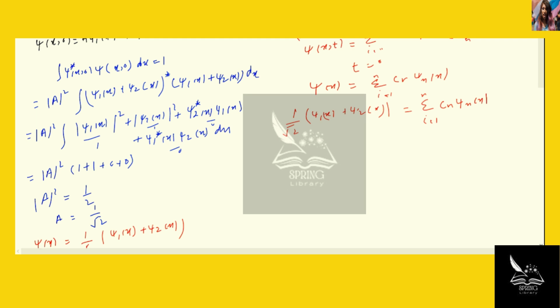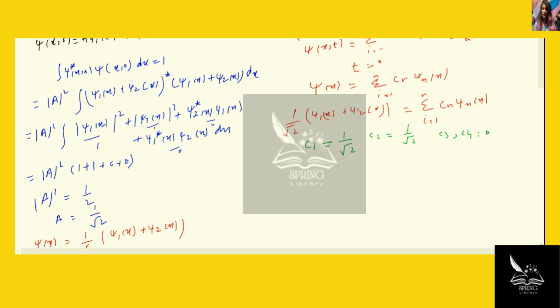So comparing the coefficients, we get c1 equal to 1 upon under root 2 and c2 equal to again 1 upon under root 2, and c3 and c4 are equal to 0.